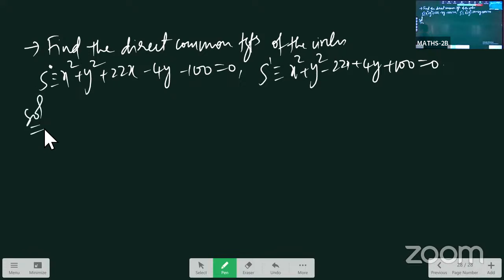So in order to get the direct common tangents, C1 C2 is greater than R1 plus R2. You are going to check it. Is it clear?